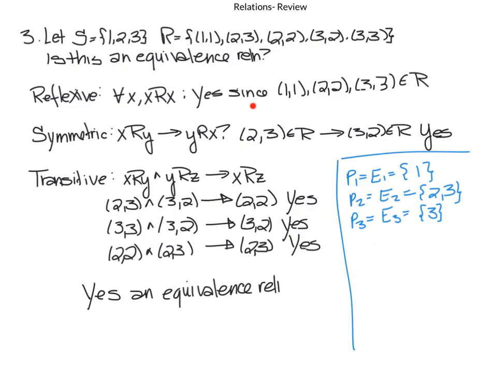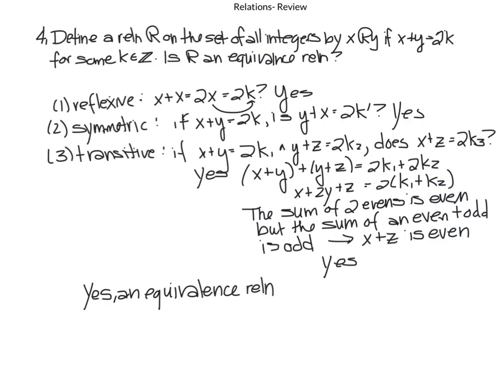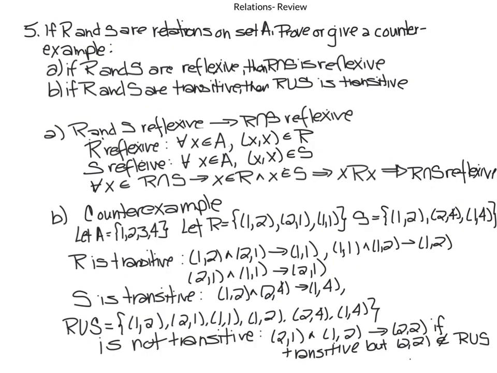Here is my solution for problem number 3, and I also wrote out the partitions here because it was an equivalence relation. Here's my solution for problem number 4, and my solution for problem number 5.